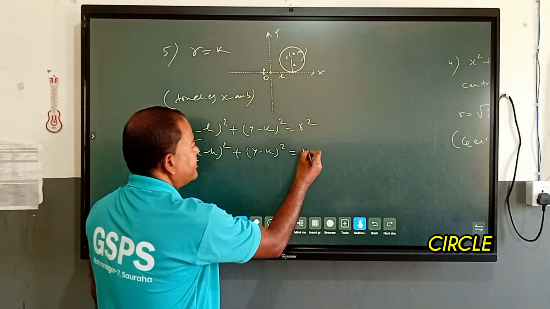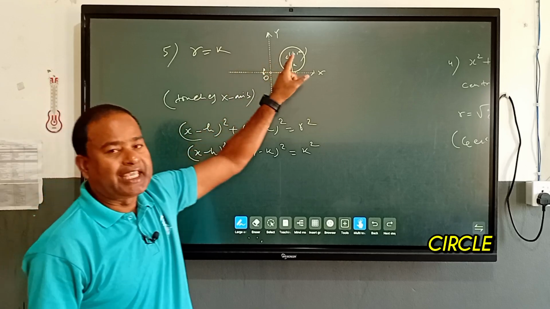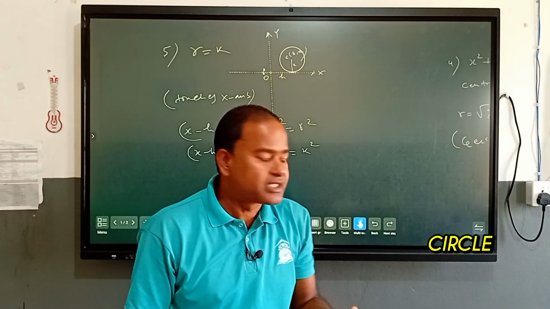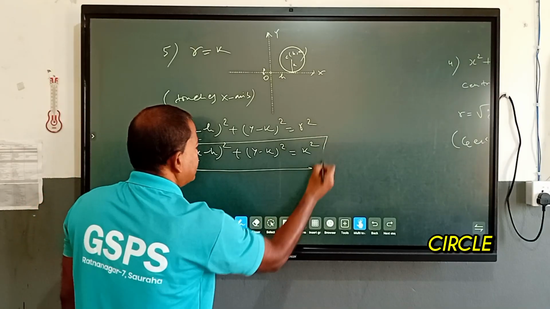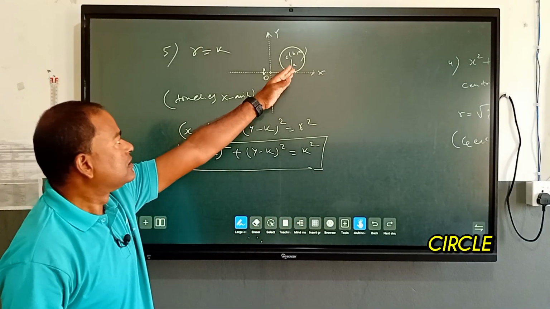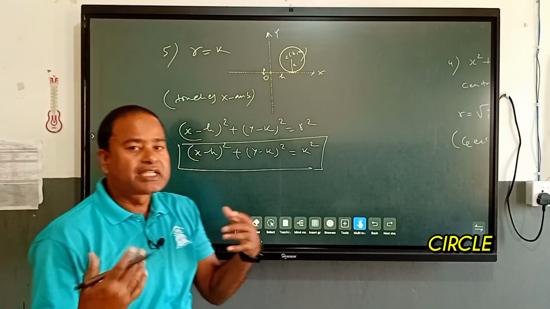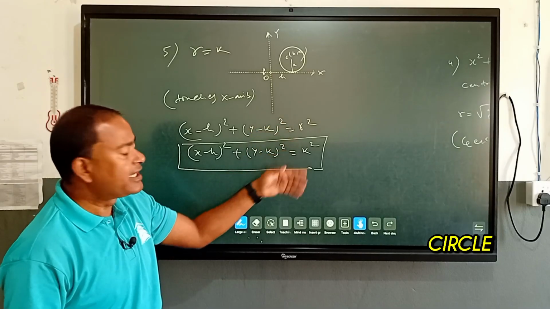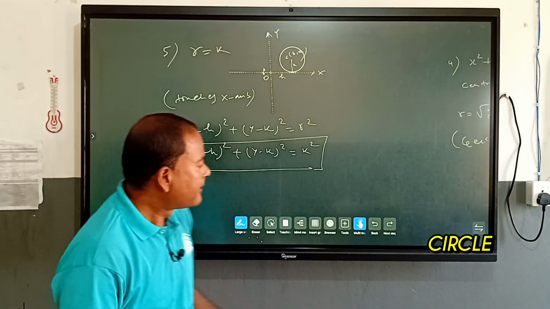So the radius r we can replace by k, the y coordinate of the center. So dear students, we have to keep in mind that when a circle touches the x-axis, the radius of the circle is r equals k. Then by replacing r by k, we can get the equation of the circle.